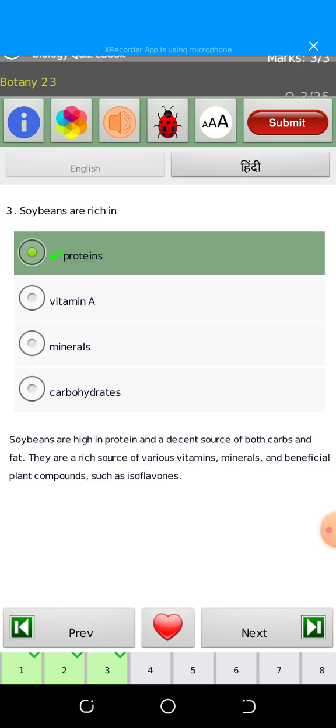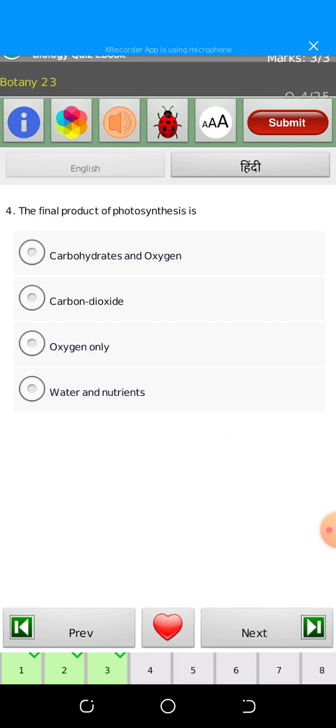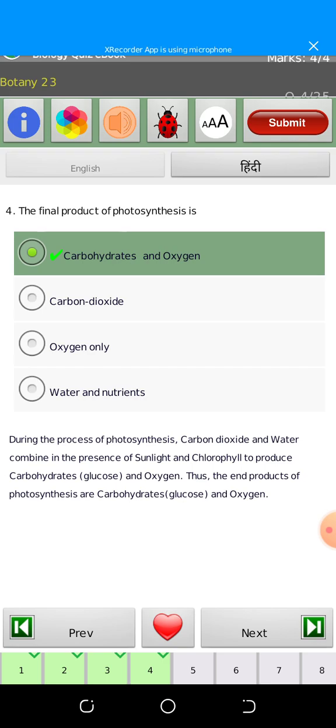Soybeans are rich in proteins. Next is, the final product of photosynthesis is carbohydrates and oxygen, carbon dioxide, oxygen only, water and nutrients. The final product of photosynthesis is carbohydrates and oxygen.